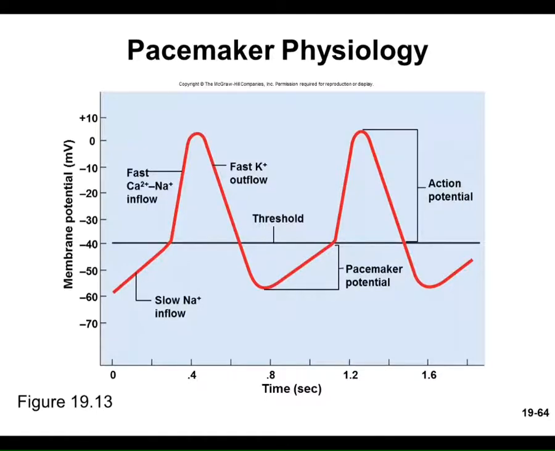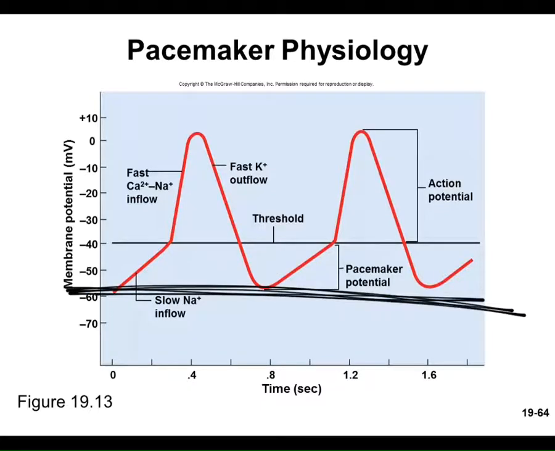Okay. So you'll notice that there's no flat line, right? These cells don't have the luxury of having a flat resting membrane potential. So they start off at about -60. There's always a slow sodium leak, and when they hit -40, there's an upward swoop. But what's causing the upward?